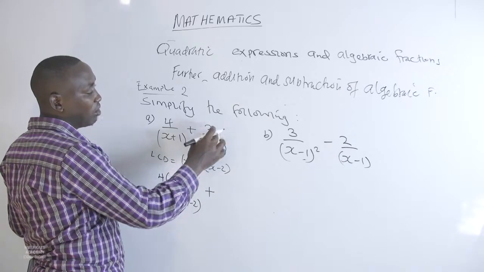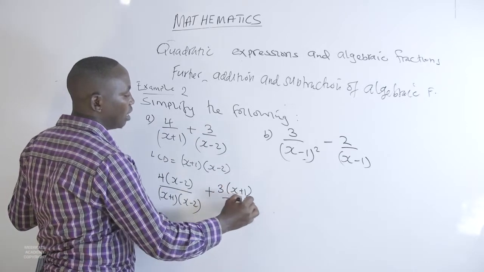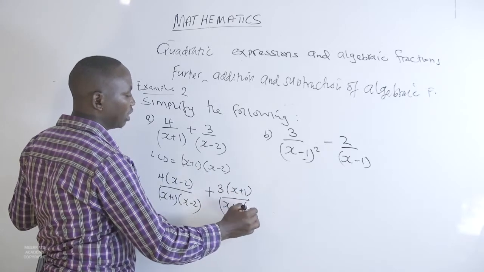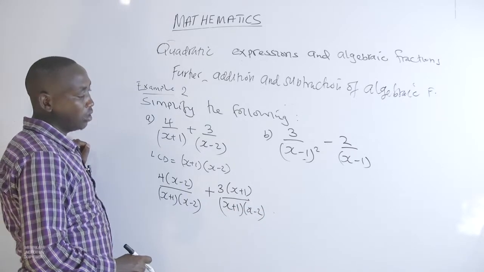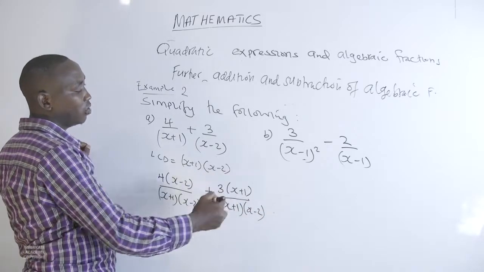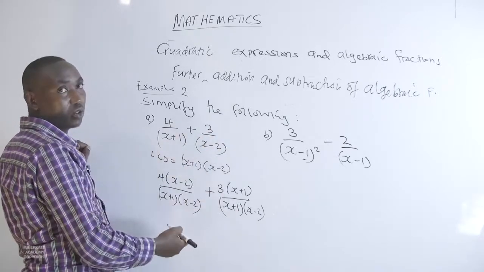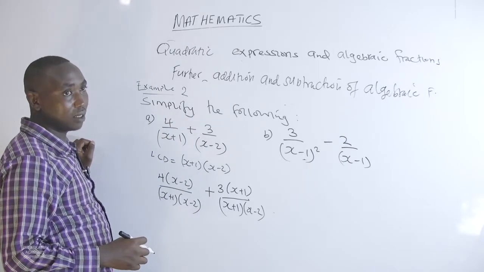So x plus 1 multiplied by 3 will give us 3 into x plus 1 over the new denominator, which is x plus 1, x subtract 2. You'll still discover that when you decide to cancel off, you still retain your 3 over x plus 2, and you still retain your 4 all over x plus 1.